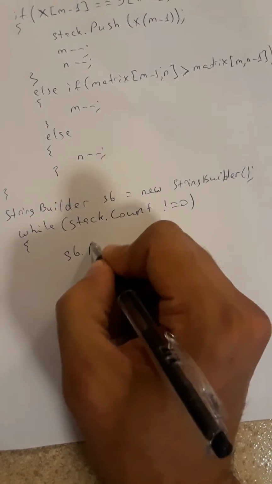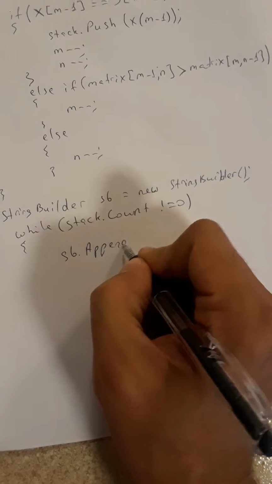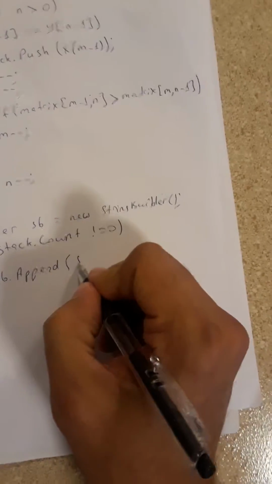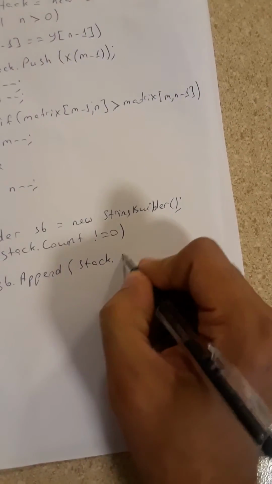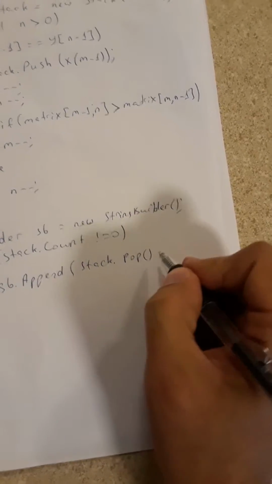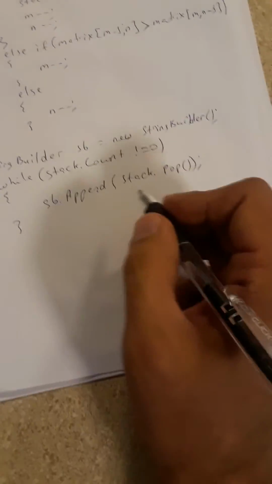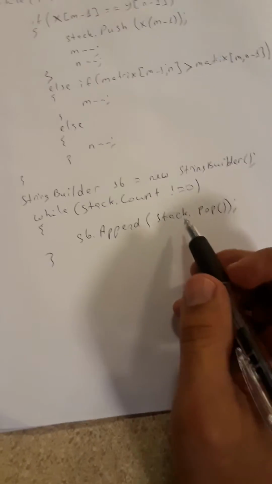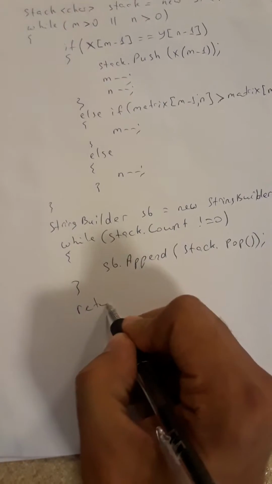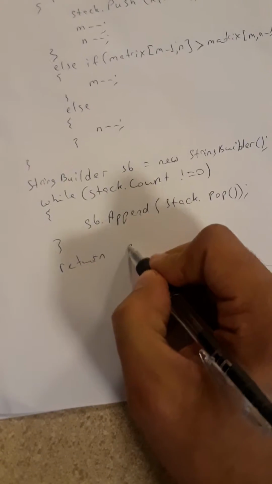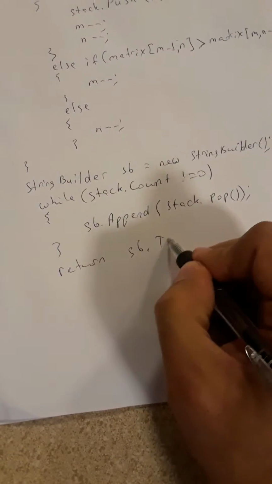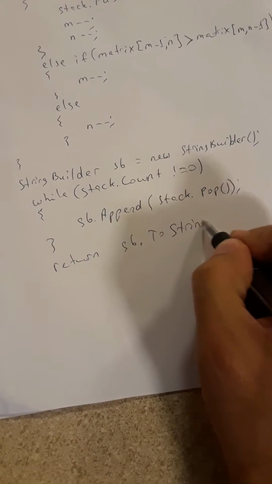I will be appending letters from the stack, just popping them from the stack and appending them to the string builder. After I take all the characters from the stack, I will just return the string builder converted to string.